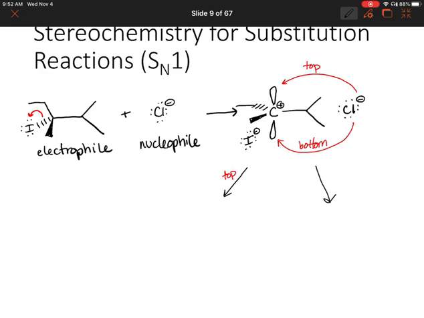So that carbon is going to gain a 4th group, which means it's going to adopt a tetrahedral conformation. Okay, so if chlorine attaches from the top, again, that will push the methyl and ethyl group down. But methyl will still be coming out towards us, and ethyl will still be pointing away from us.